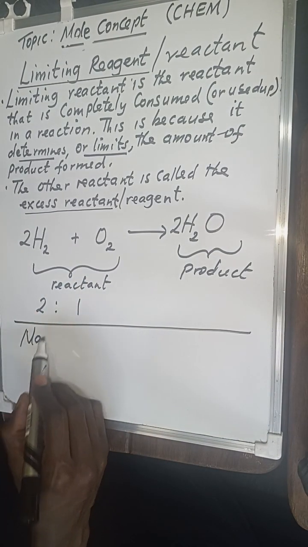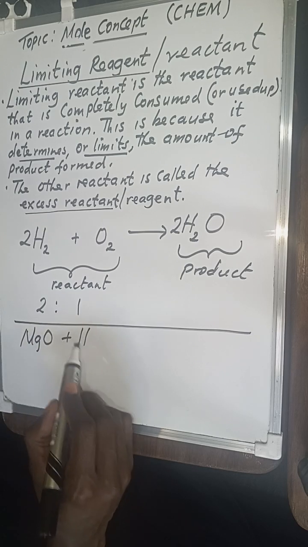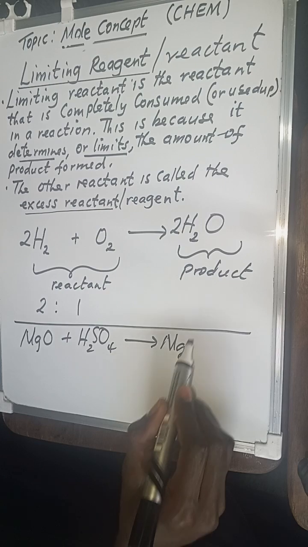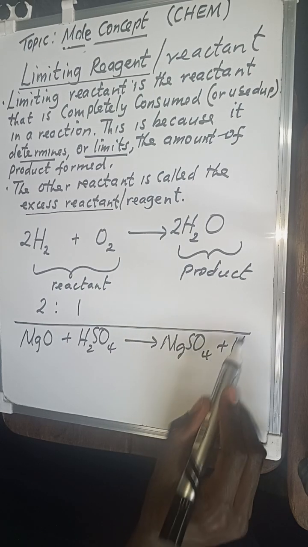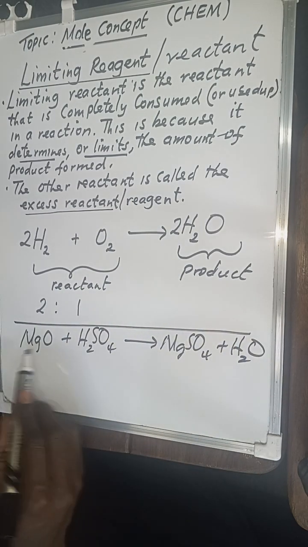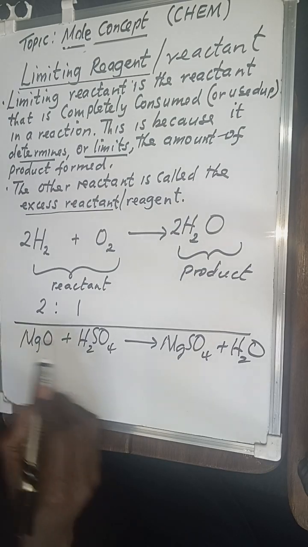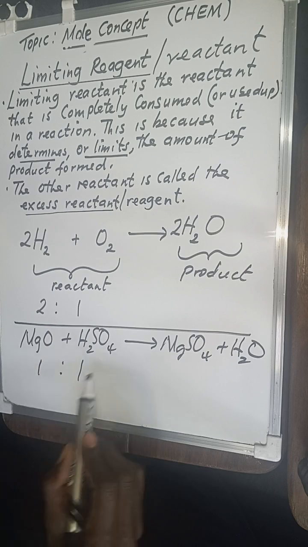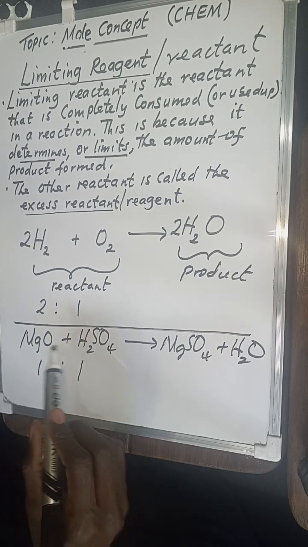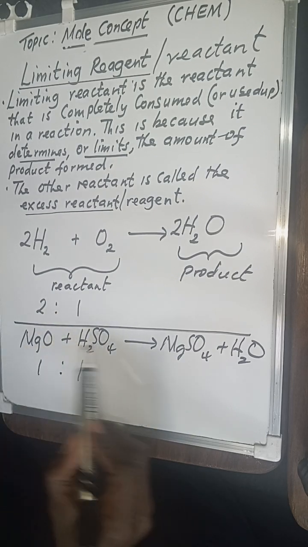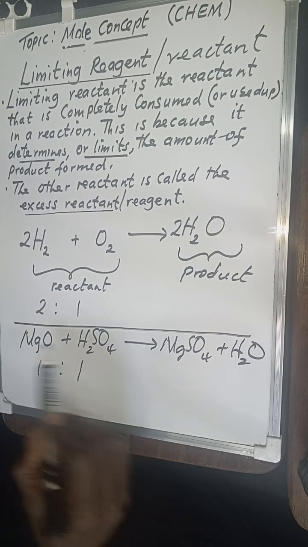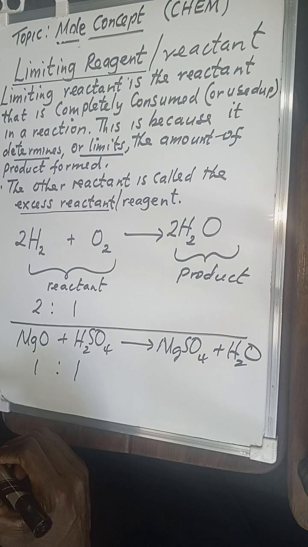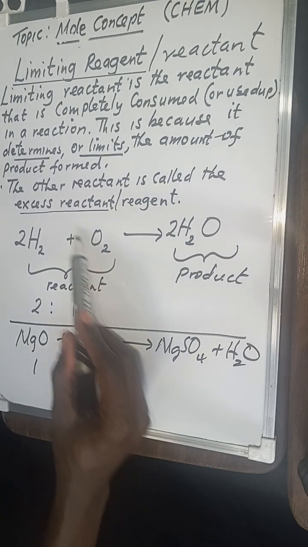For example, magnesium oxide reacting with sulfuric acid to produce magnesium sulfate and H2O. This equation is already balanced, and the numbers in front of the reactants are 1 to 1. So when the ratio of the reactants is 1 to 1, you just need to determine the number of moles, and the one that has the smallest number of moles is the limiting reagent.